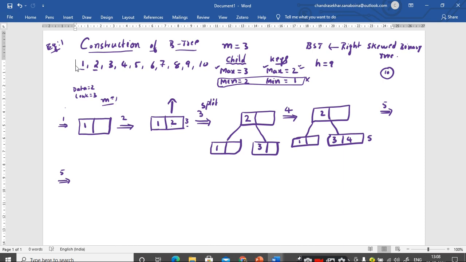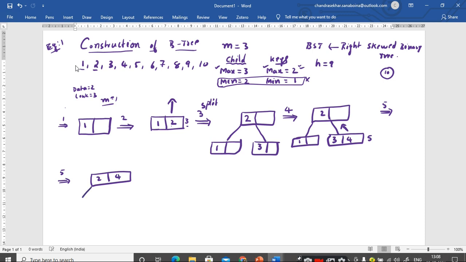I should push the median of 3, 4 and 5 to its parent node. So what is the key I have to push to its parent? 4, sir. 4 should be pushed. Can I place this 4 inside this parent node adjacent to 2? Yes, sir. So what happens here is it is 2 and it is 4.